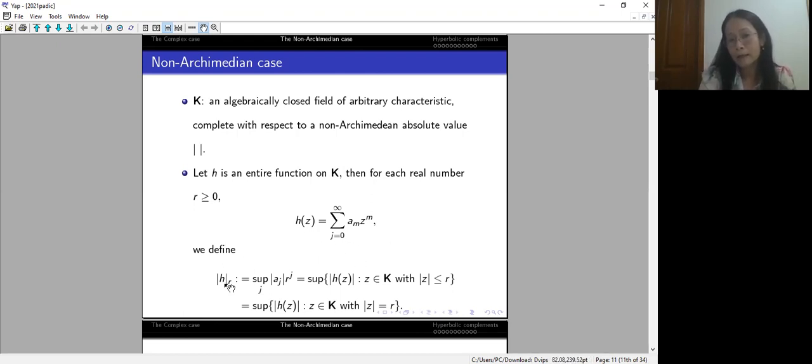And then we can take the value of A over this R. And like what Alain and Professor Sambersedin said yesterday about the norm in the non-Archimedean case, we only need to take the sup over the circle, no need to take all inside the disk. We only need to take it on the circle, okay?